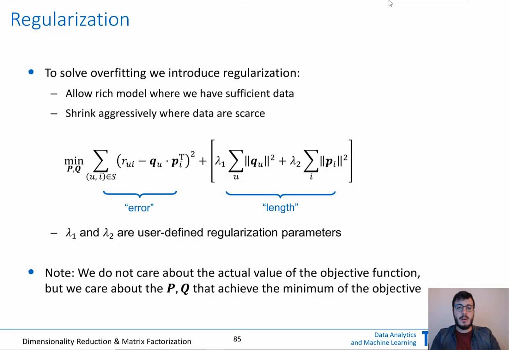We introduce two additional hyperparameters, lambda1 and lambda2, which trade off how much we care about having small norm, small length, versus how much we care about having small error, meaning good reconstruction. Let's visualize what the effect of regularization is on these latent factors. For example, let's focus on the item factors, or the movie factors.